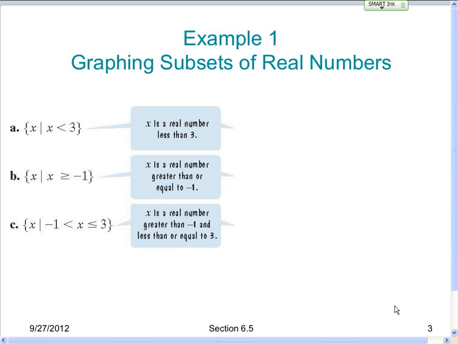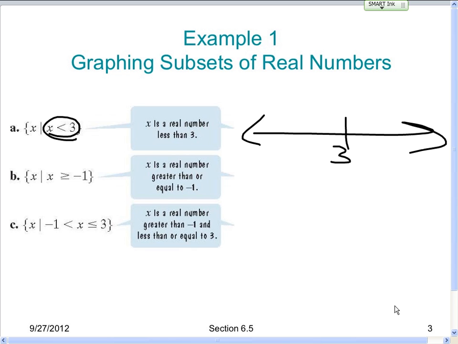Now, what that means is x has to be less than 3. So on a number line, we're going to have 3. And as long as the x is on the left, if you look at this arrow right here, it will actually point in the direction you have to shade.